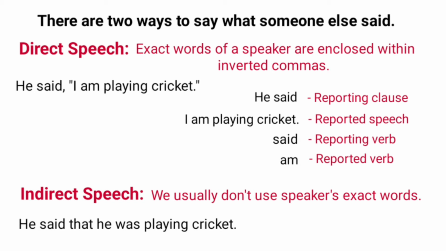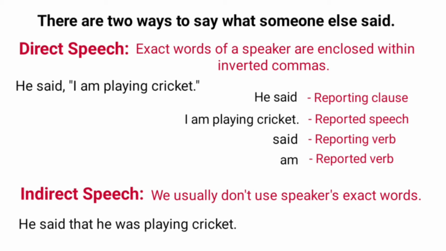In this sentence, "he said" is reporting clause, "I am playing cricket" is reported speech, "said" is reporting verb, and "am" is reported verb. We usually don't use speaker's exact words while telling someone what he said.